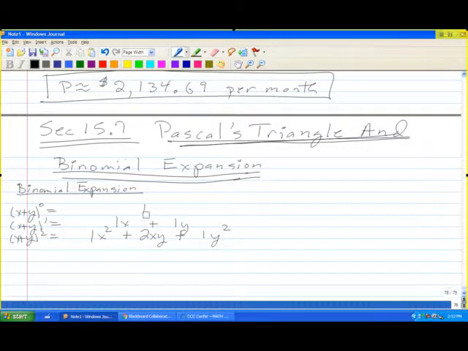And let's look at x plus y cubed. That was 1x cubed plus 3x squared y plus 3xy squared plus y cubed. So let me put ones in front of each of these.